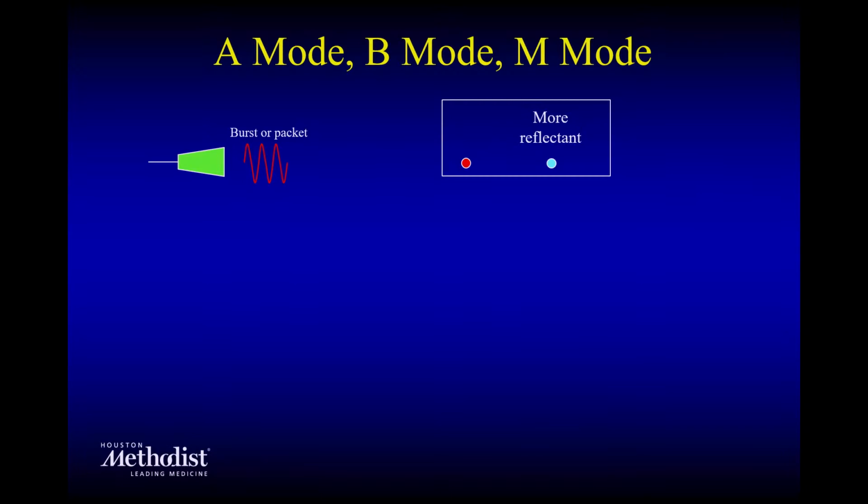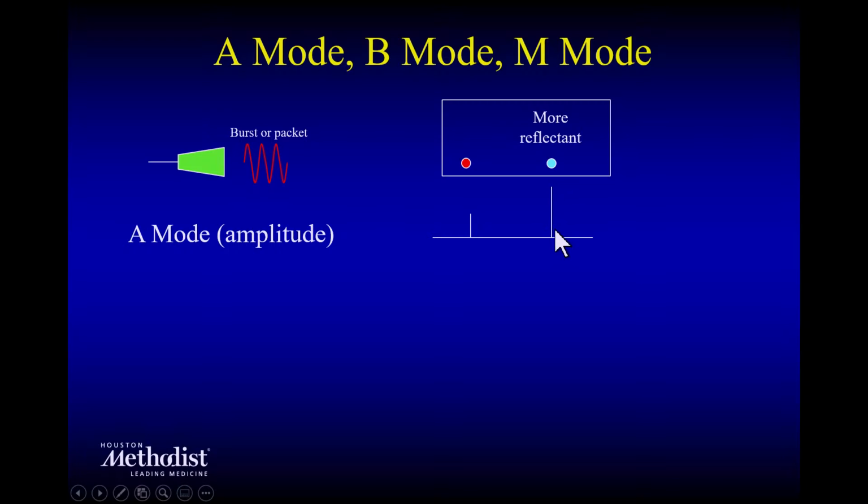Now, you hear about A mode, B mode, and M mode, and most of the time you don't even talk about them anymore. But I think it's important to just think of how things are constructed. This is the burst of packet, and this is a more reflectant tissue, let's say calcium compared to a soft tissue. And A mode is the amplitude of that reflection back into the transducer that you're registering, and it has a certain amplitude.